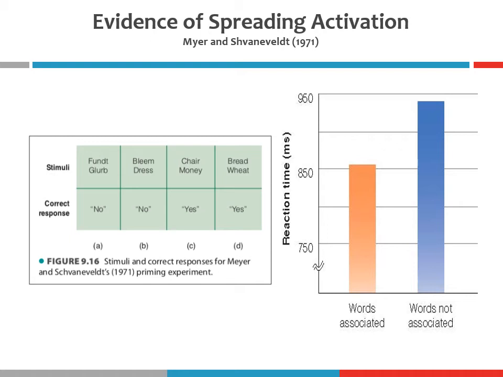And bread might also be connected to other bakery items like cake and so forth, right? Whereas because chair and money are from totally different categories, we wouldn't expect them to be in close proximity in the network, and therefore, activating chair should in no way activate the concept of money.